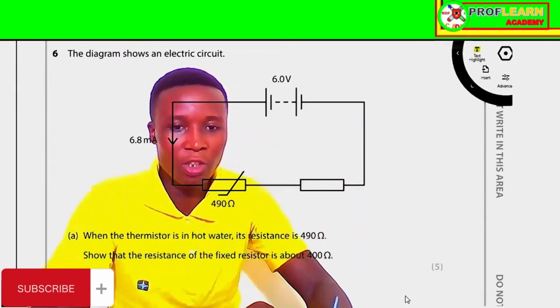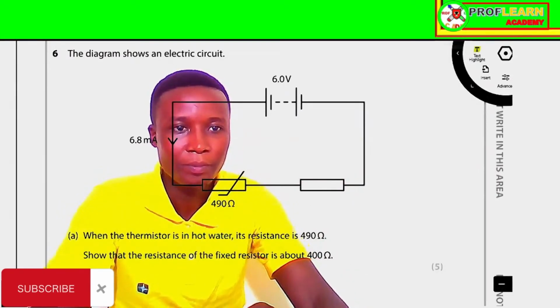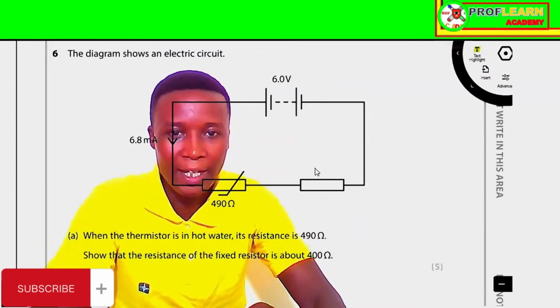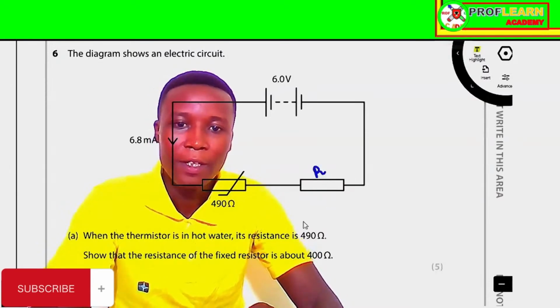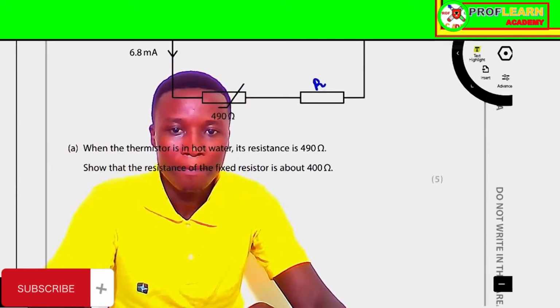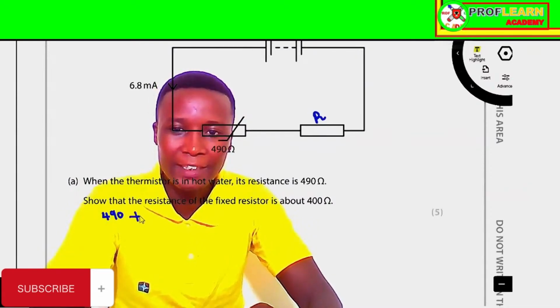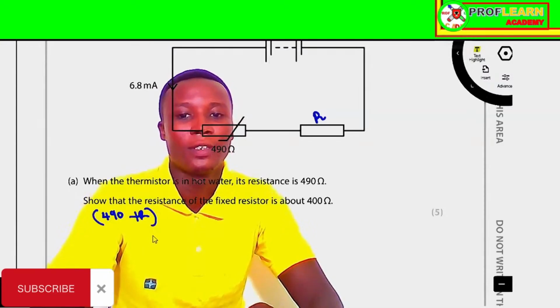So if we let the resistance of this resistor be R, then the effective resistance here is going to be 490 plus R. That will be the total resistance in this question.